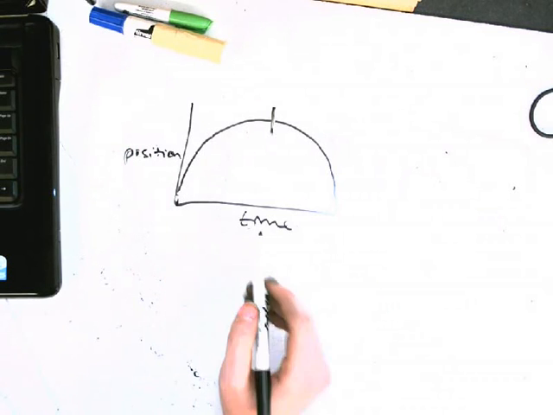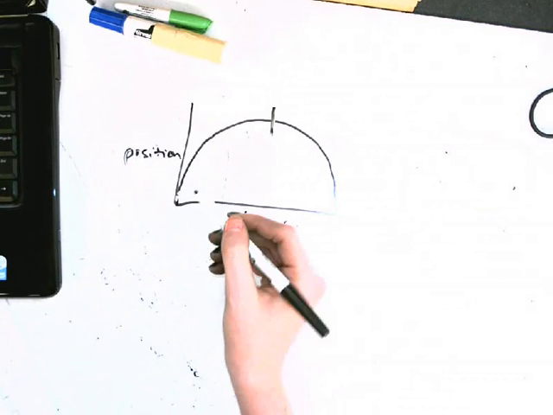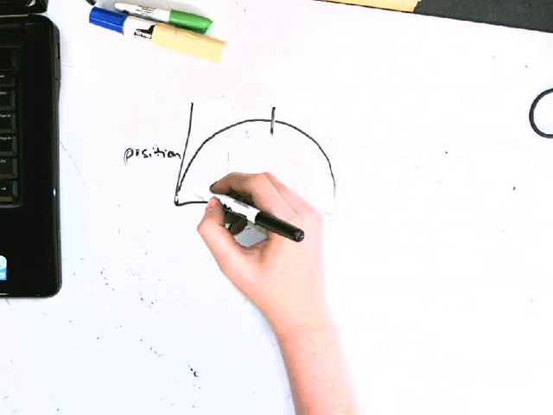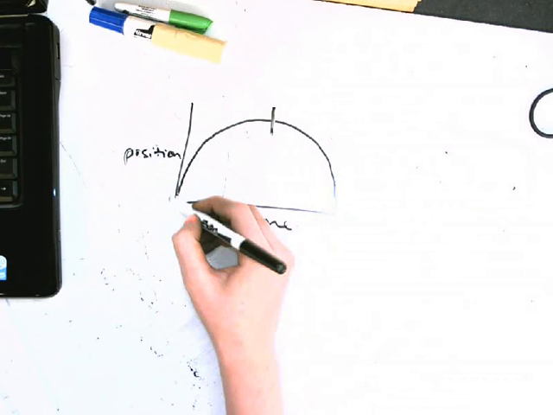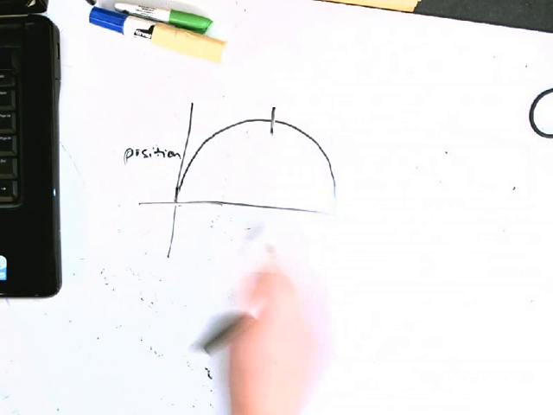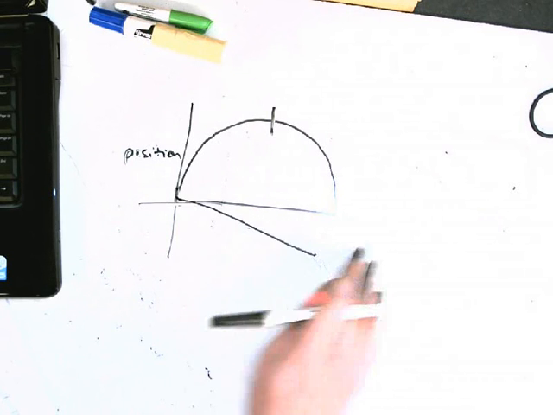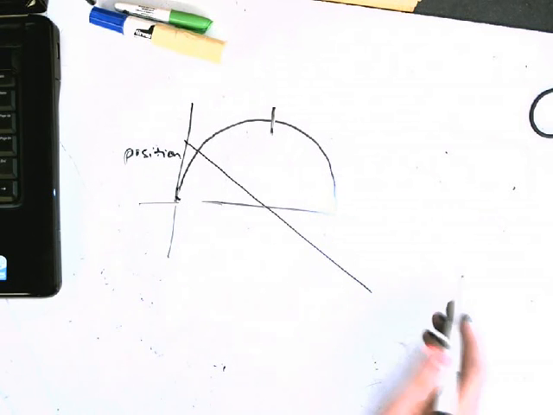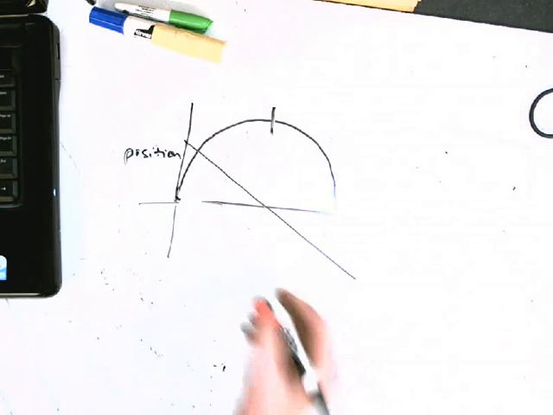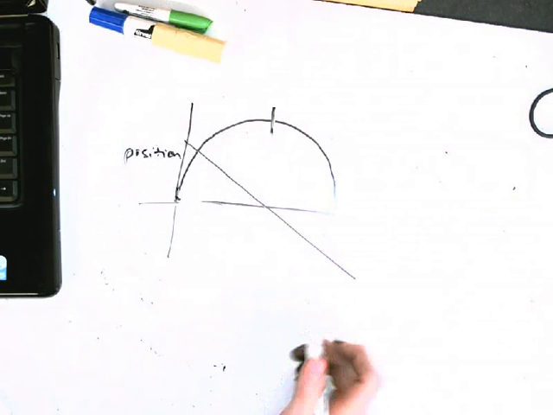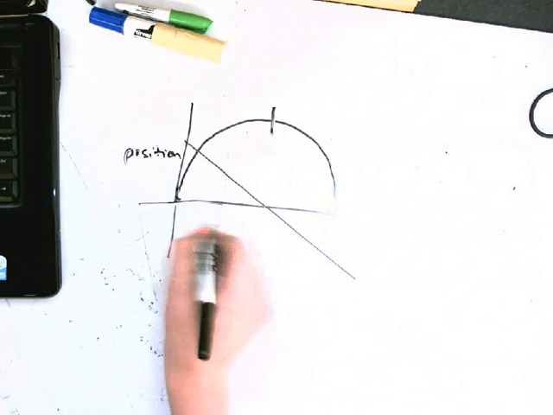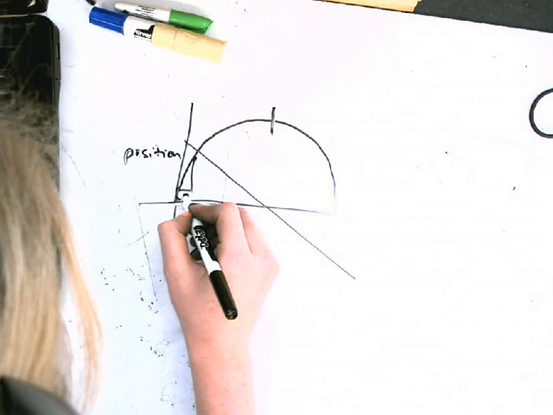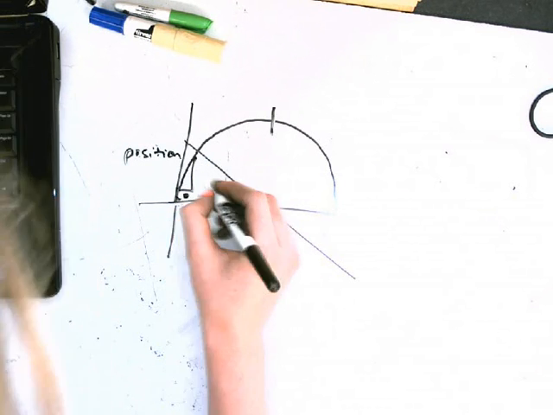So if you're graphing the velocity of the ball for this position, it would be a negative sloping graph, because the velocity is the change in position over time. So that would be saying the change in position, which is this part here, over this part right here.